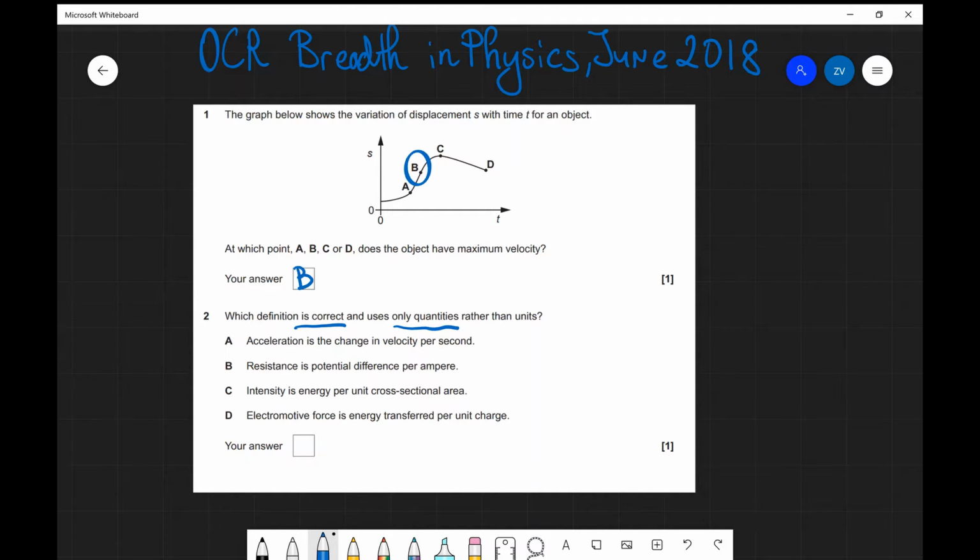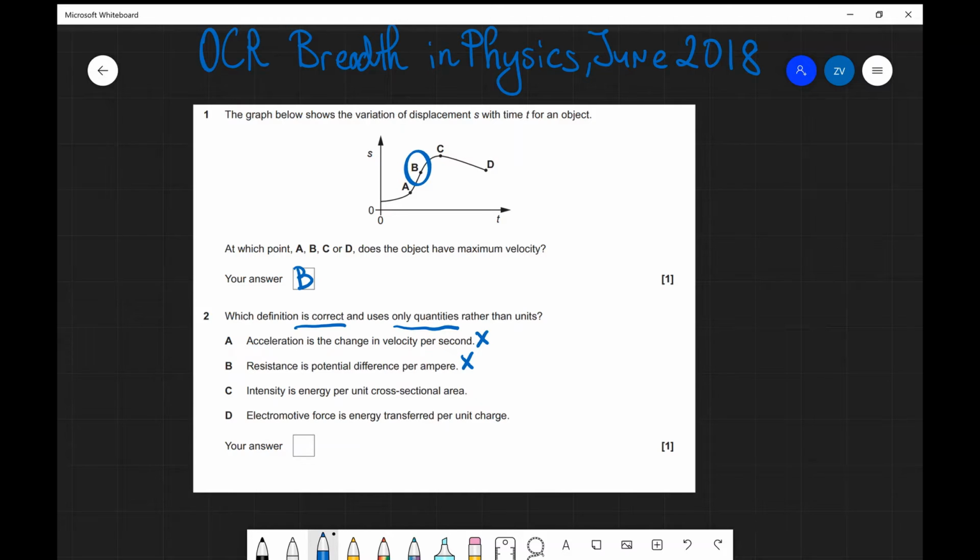First one, A, acceleration is the change in velocity per second. Well, second is a unit, so it's not going to be A. B, resistance is potential difference per ampere. Well, this is also wrong because the amp is a unit. C, intensity is energy per unit cross-sectional area.